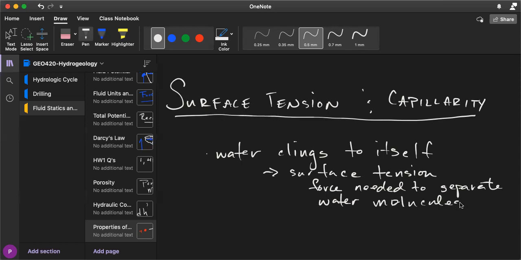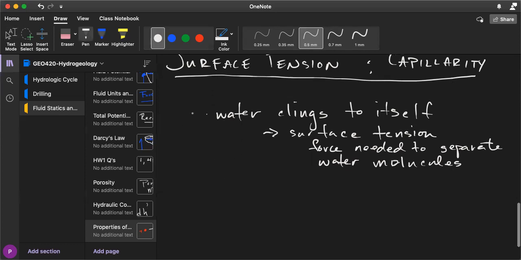But with these hydrogen bonds, the positive side's attracted to the negative side. It takes some force to pull those puppies apart. And that's the surface tension. So this is sort of property one.